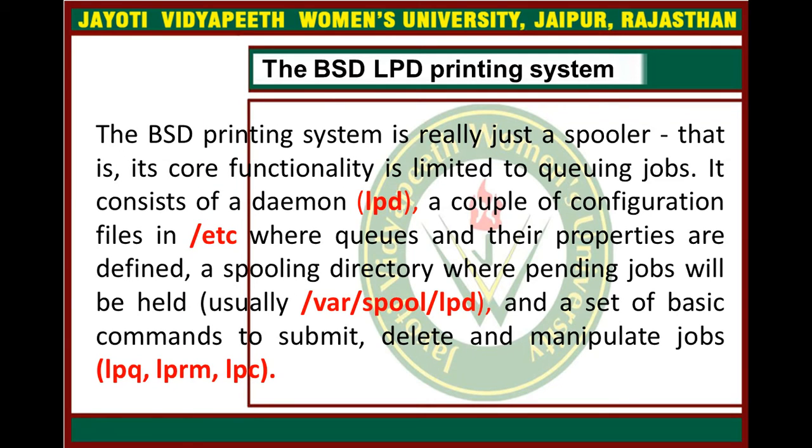It consists of a daemon, LPD, a couple of configuration files in /etc where queues and their properties are defined, a spooling directory where pending jobs will be held, usually /var/spool/lpd, and a set of basic commands to submit, delete and manipulate jobs.